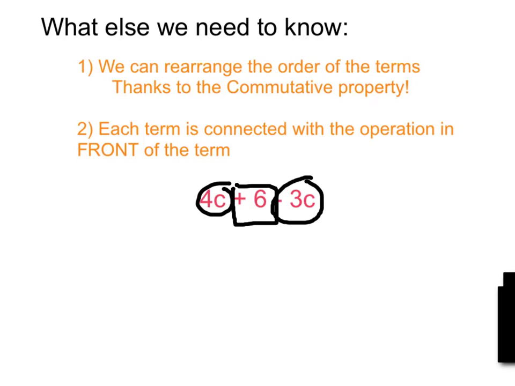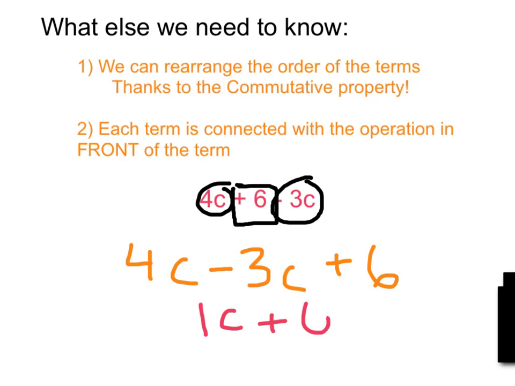So I can rearrange this so that it is actually 4c minus 3c plus 6. Because my c's are now next to each other, I can combine these like terms of 4c and 3c to get 1c, and then since I do not have a like term for my 6, I just add 6 to my 1c, which could also just be c plus 6.